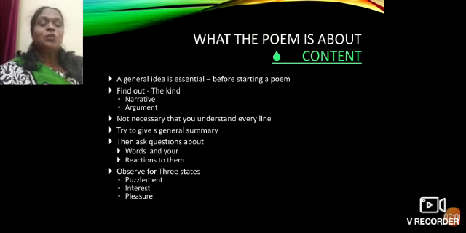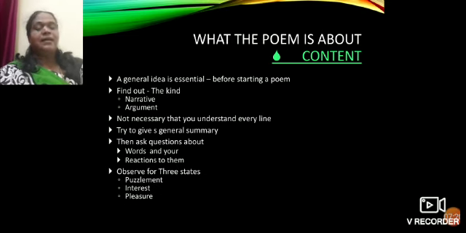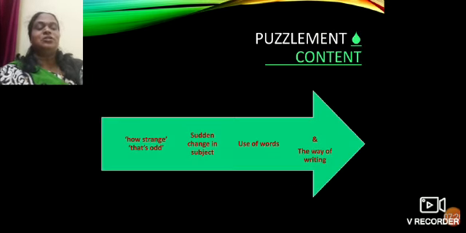In such a case, what should you be doing? You should understand every line there, and then try to give a general summary. Then ask questions about the words and what your reactions are to those words. Then, after asking all these things, look for puzzlement, interest, and pleasure in these words.